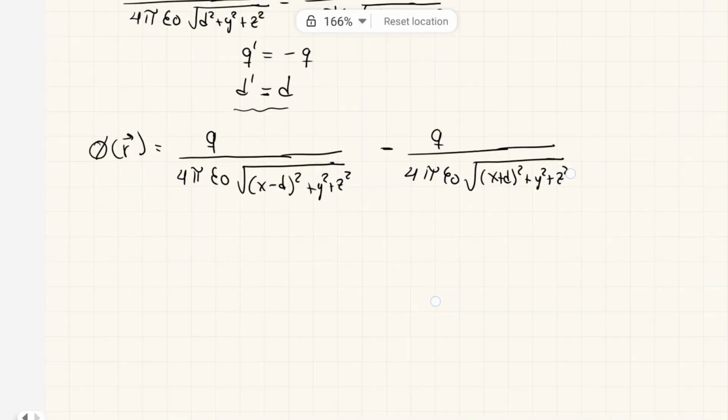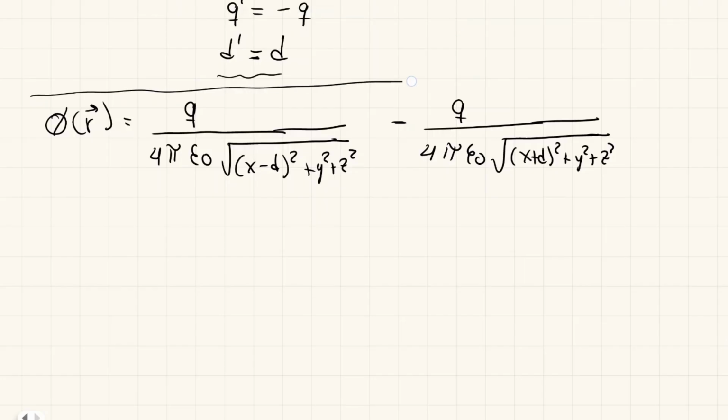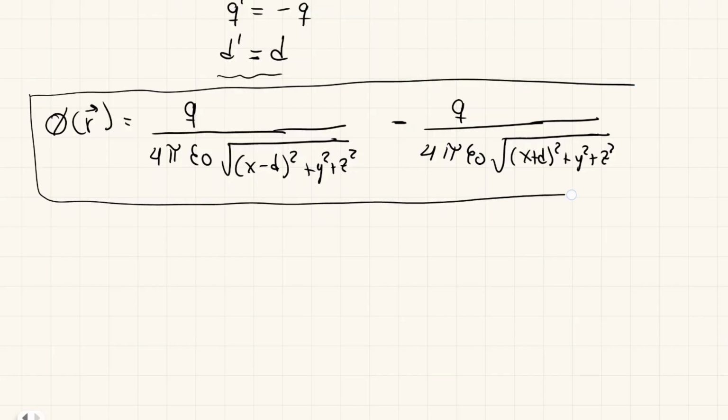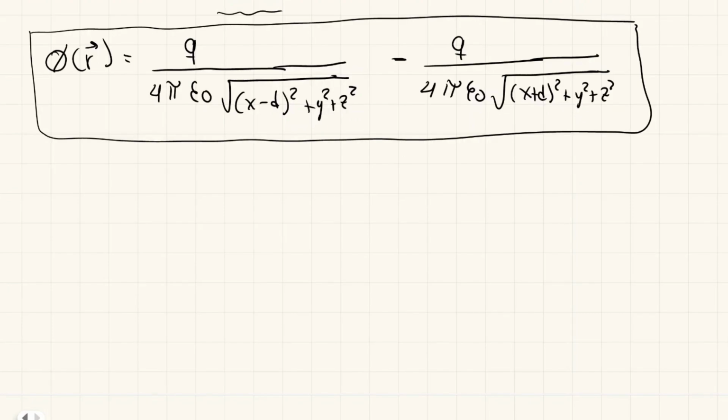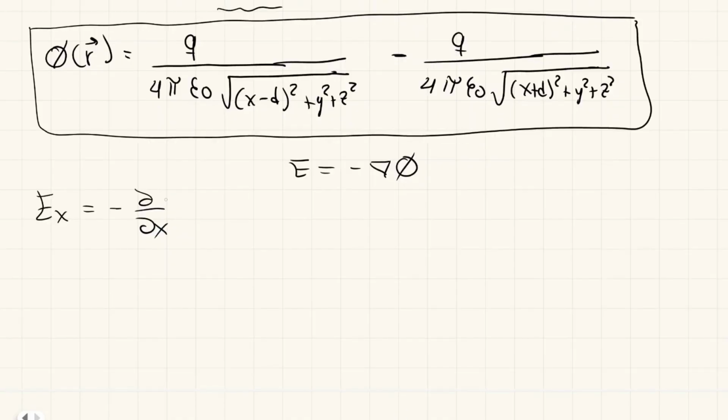Okay, perfect. So we just found the electric potential at the point P. What happens with the electric field? Again, remember that the electric field is the negative gradient of the electric potential. So for example, the x component of the electric field can be found with the negative partial derivative with respect to x of the electric potential.